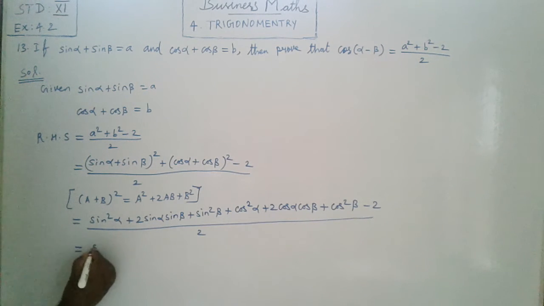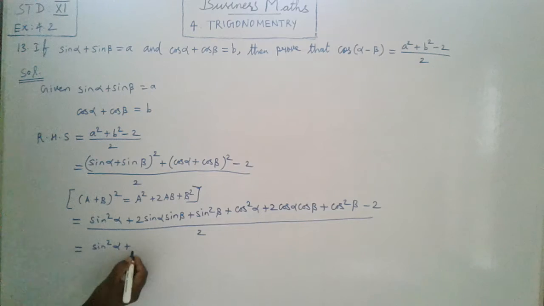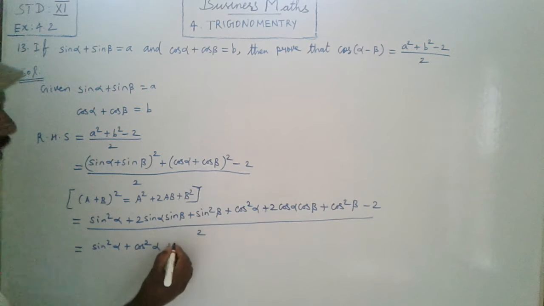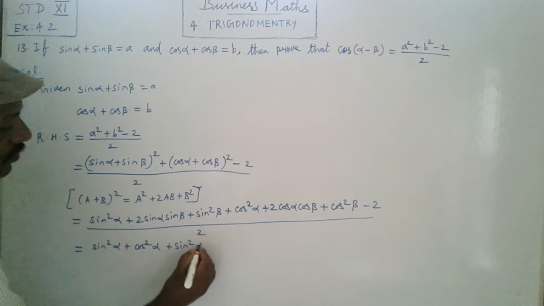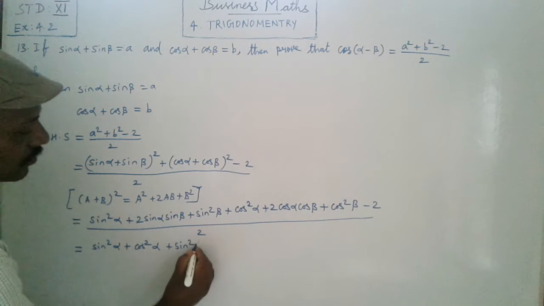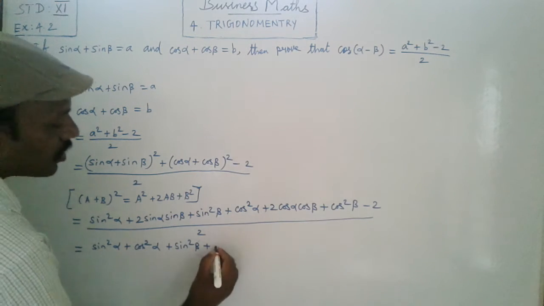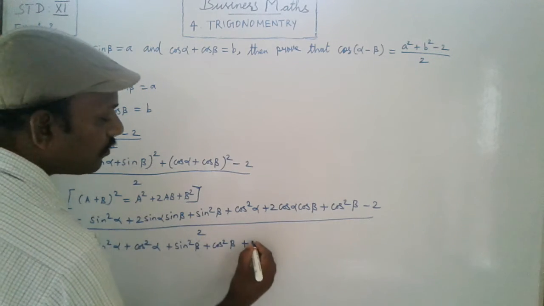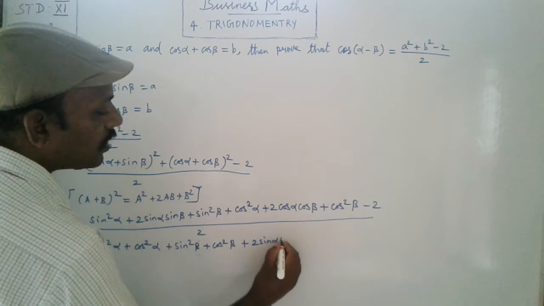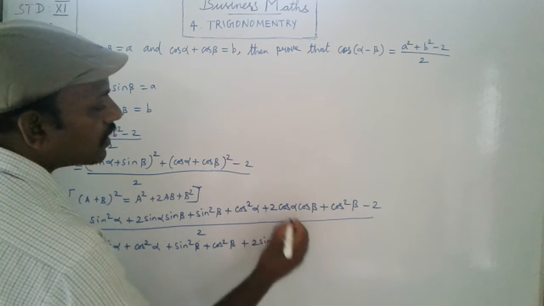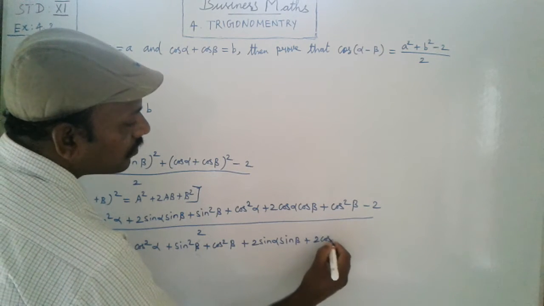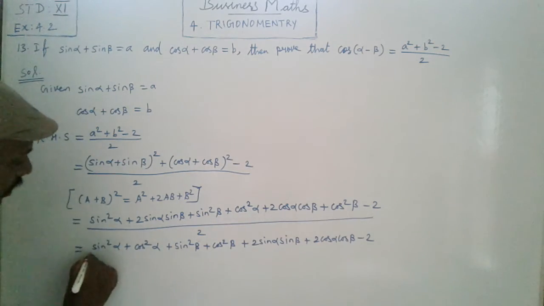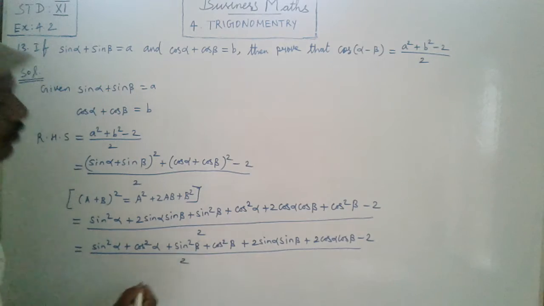Write in order. Square terms first: sin square alpha plus cos square alpha, next sin square beta plus cos square beta, plus 2 sin alpha sin beta plus 2 cos alpha cos beta, minus 2, divided by 2.